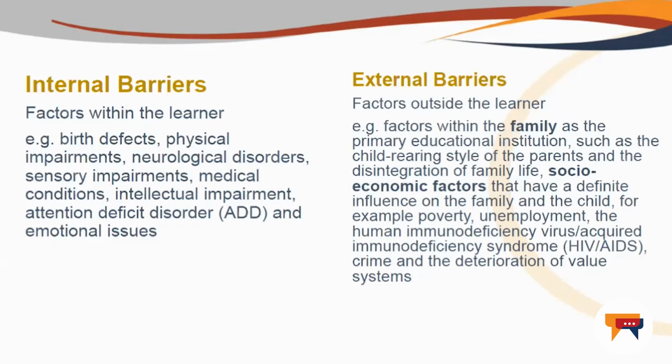And these factors are in two groups. It's within the family or within the socioeconomic context that the learners are living. So family factors are important because the family has the role as the primary educational institution.